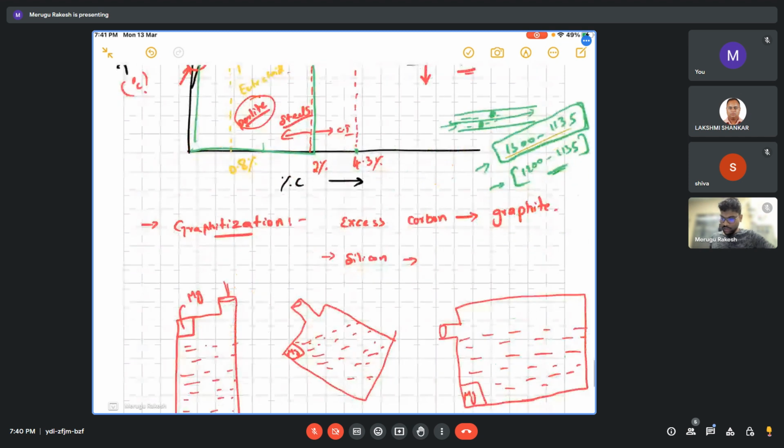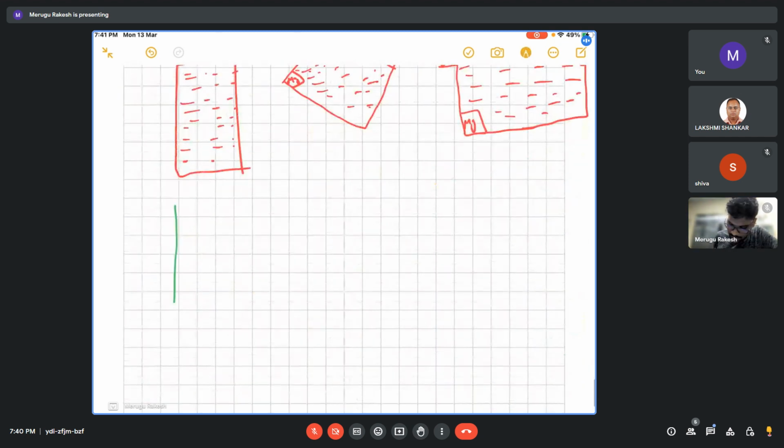Okay, so in order to clearly get an understanding, say I have some 2% carbon. This will not be uniform everywhere, right?